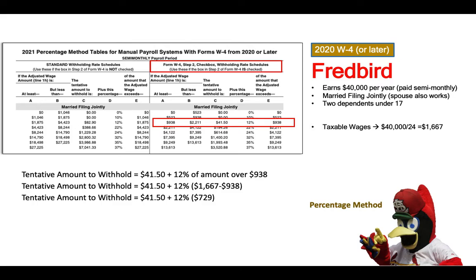Then we take 12% times 729 and we find that is 87.48. So we add those two numbers together, 41.50 and 87.48, and we find the amount to be 128.98. Okay, 128.98.